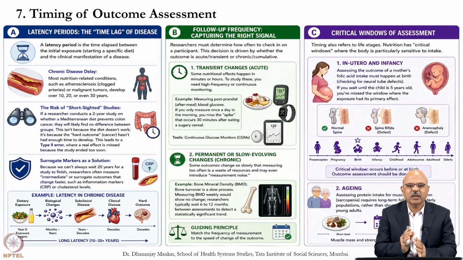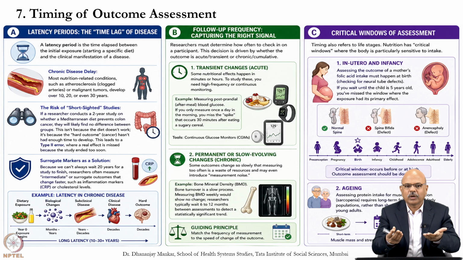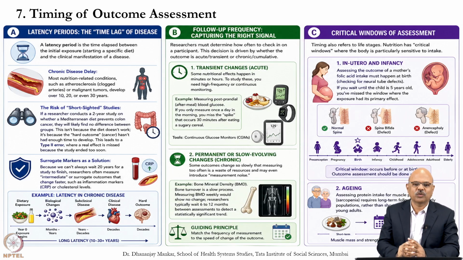Follow-up frequency is about capturing the right signal. Transient changes, acute: for example, measuring post-prandial, after-meal blood glucose. Sometimes you may see a spike in the morning, or it may come 30 minutes or 1 hour after your food. Continuous glucose monitors, CGMs, are used for this. Or permanent, slow-evolving changes, that is chronic.